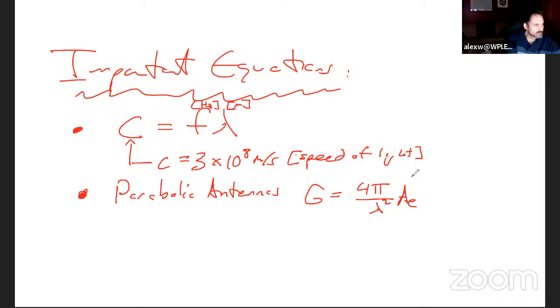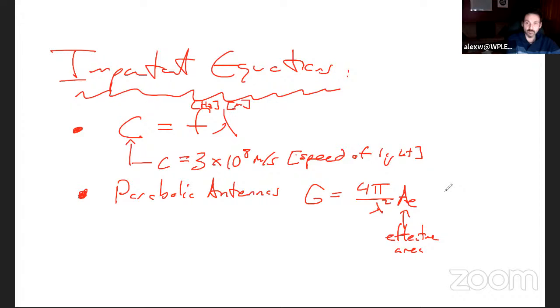I just want to make sure this is good. Okay, so there's something called the effective area. I'll explain. And again, I'll explain what the heck that means.